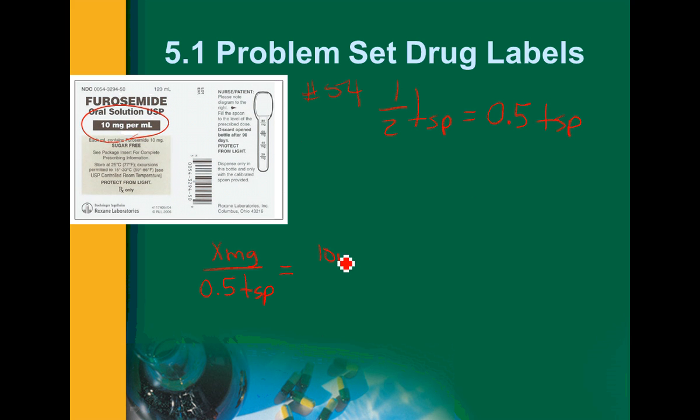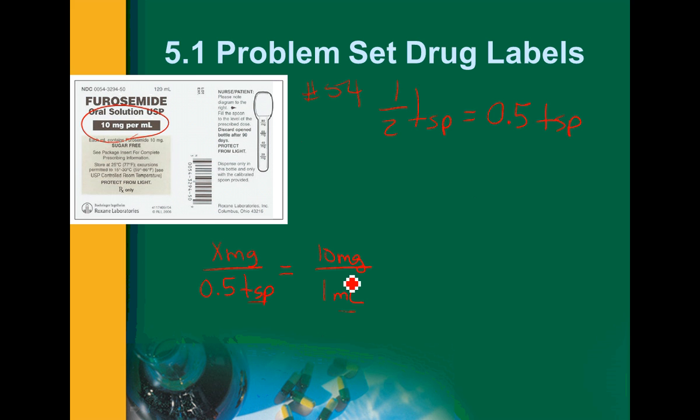So you have your 10 milligrams per 1 milliliter. And if you look here, you always want to have weights and liquids, or volume, on the same level. So at the top you have both weights, and both weight units are the same, milligram, milligram. On the bottom you have 2 liquids, one's in teaspoons and one is in milliliters.